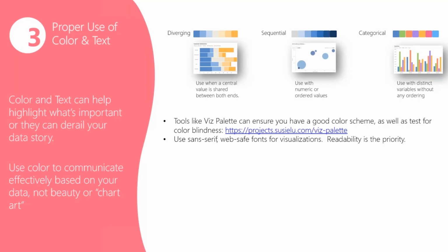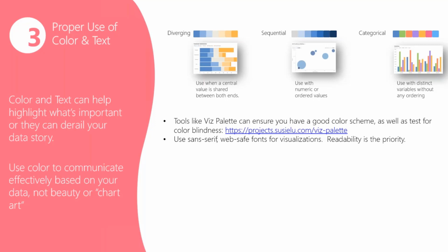So there are rules around color. You use a diverging color palette when a central value is shared between both ends, sequential with numeric or ordered values, and categorical when the data is just a category. So for example, you could have, by division or by food type, something that you're trying to explain sales on in a bar chart.